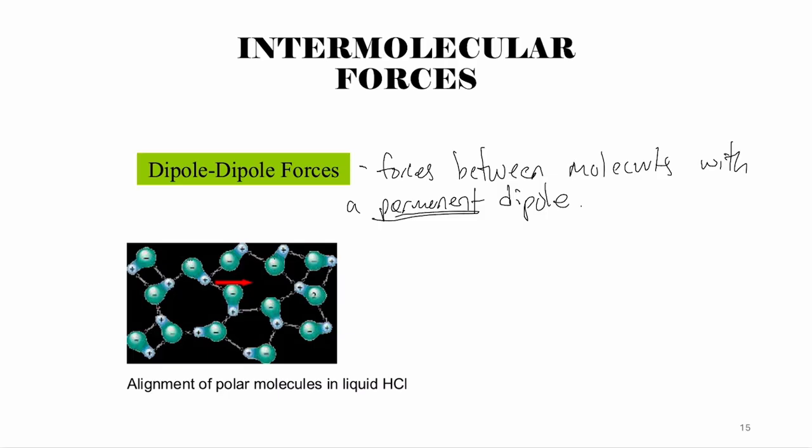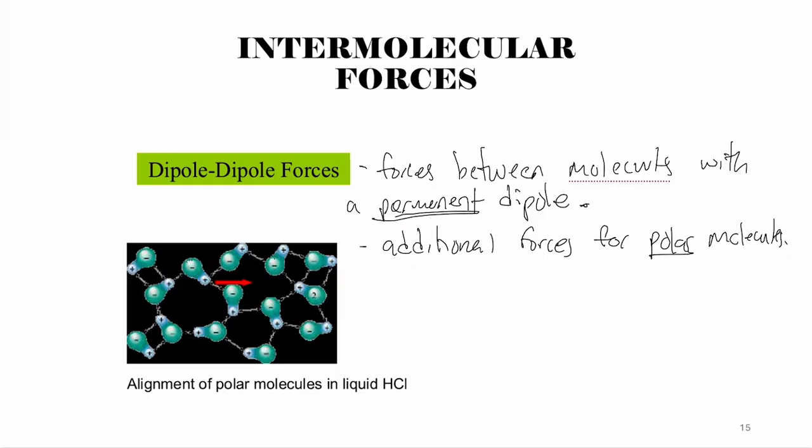So these are additional forces for polar molecules, because we still have London dispersion forces. Why? Because they still have electrons that can still slosh around. But now, if we have a permanent dipole as well, we have an additional force there.